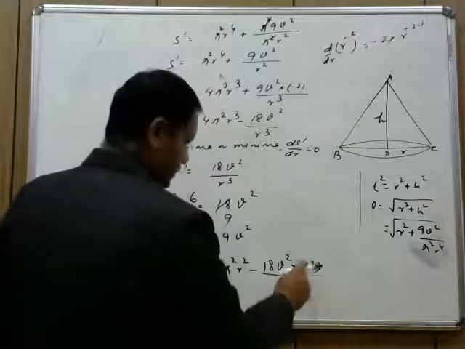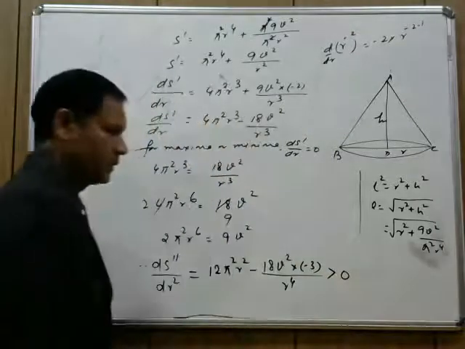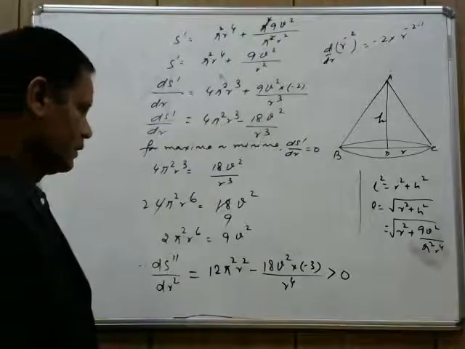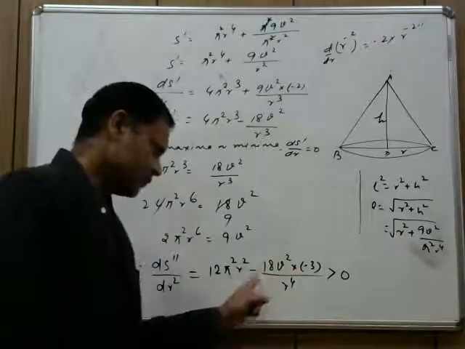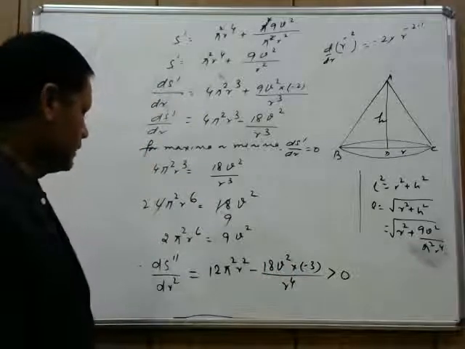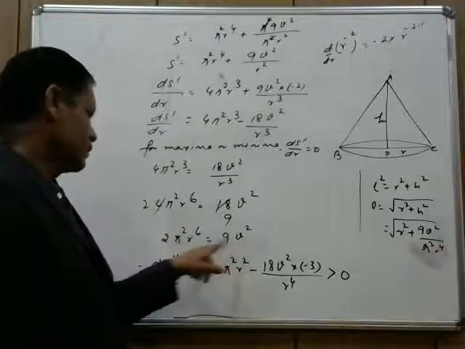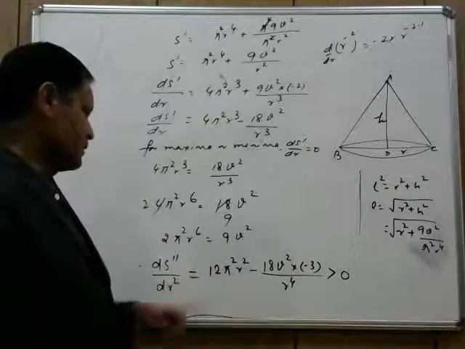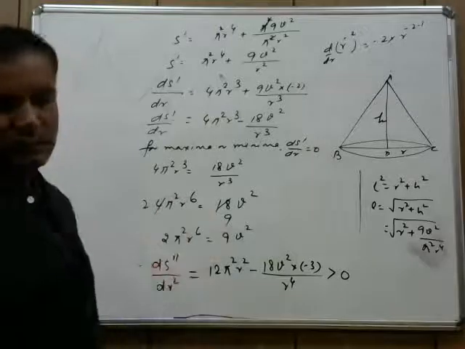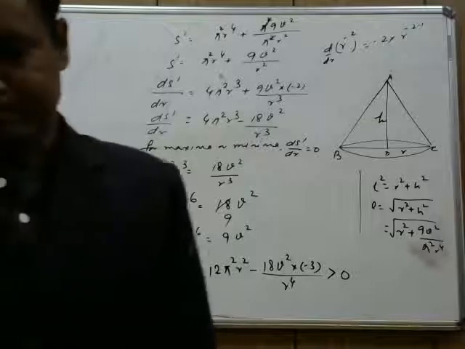This becomes what? Positive, which is already greater than 0. This is positive, this is also positive. 18 3s are 54. Okay, and that's why we can say that yes, for v square is equal to 2 pi square r^6 by 9, it has least curved surface area.